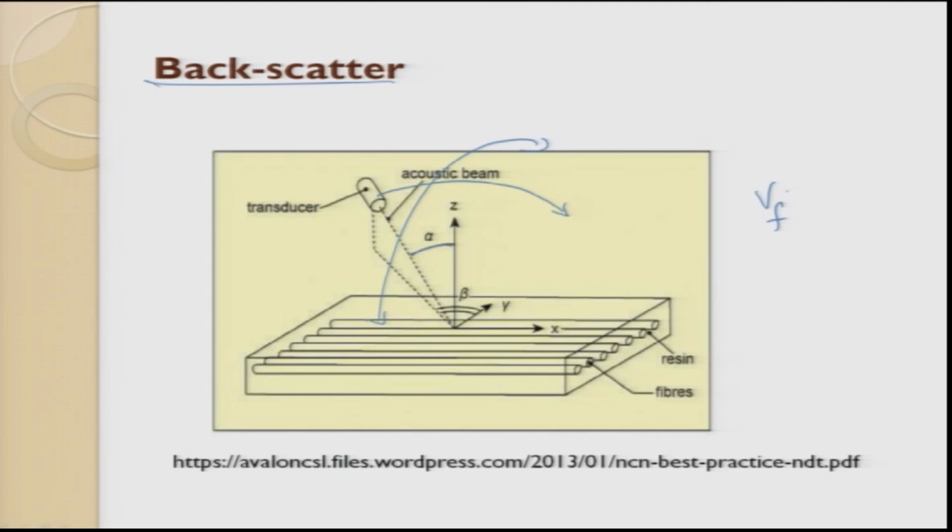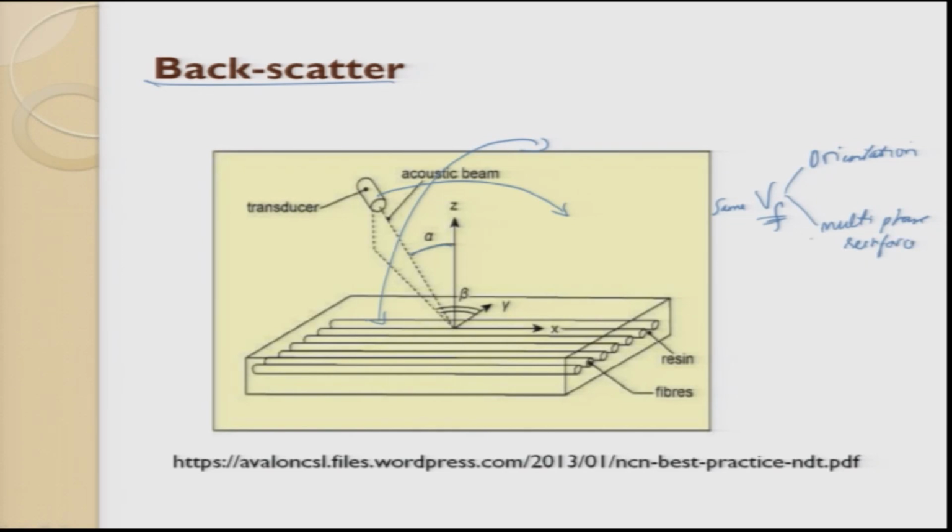You can have two composites with the same volume fraction, of two types. It can be all orientation variation, or you can also have multiple phase variation, multiple phase reinforcement.